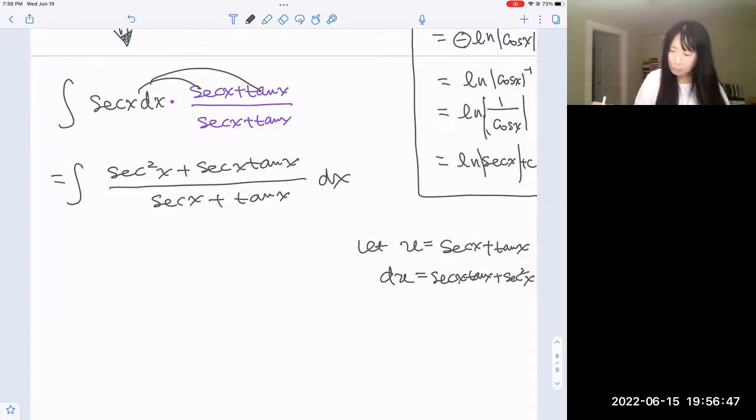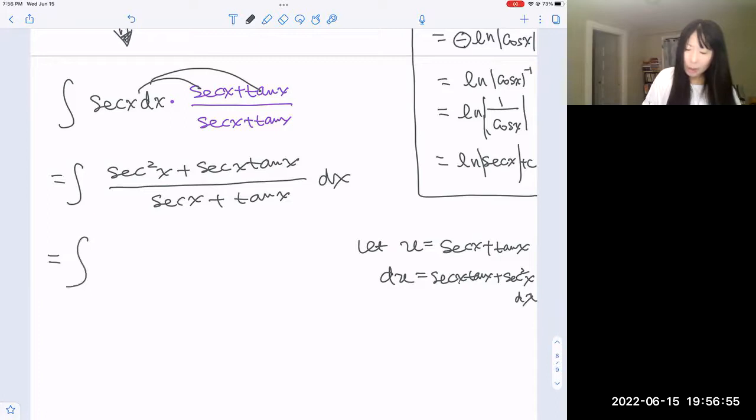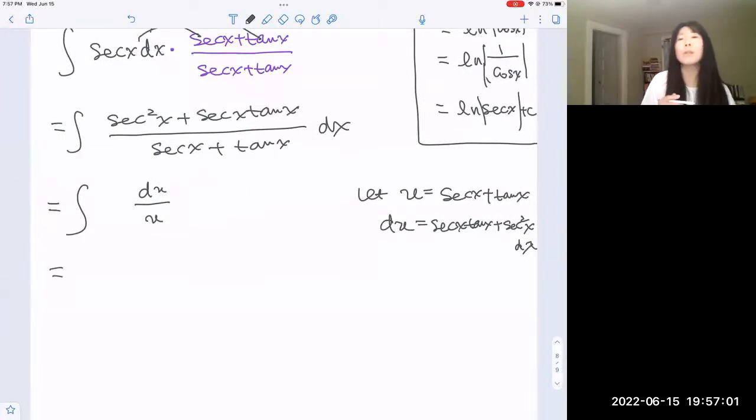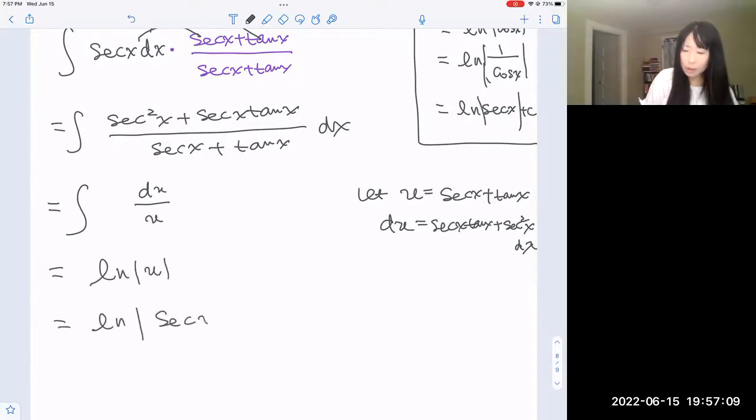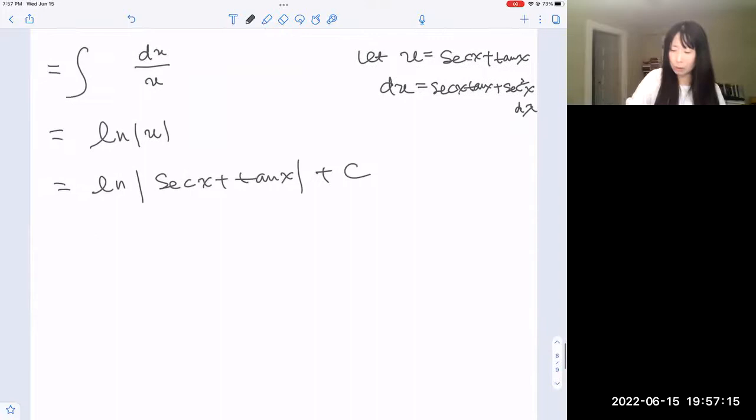Now look, dx. We have everything there. Can you see that? So it will be du over u, right? So what do you get for this one? ln, very good. So this will be ln, and u was secant x plus tangent x. All right, you should know this one.